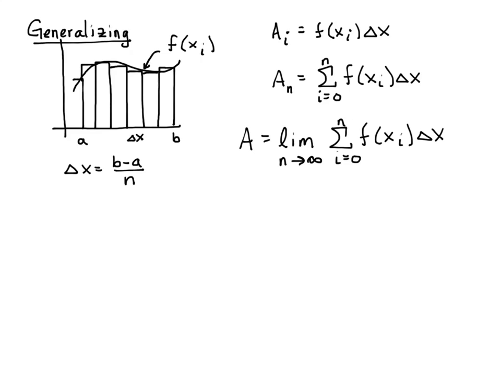From, I need to correct this. This should actually say 1. So I'm going to take all my intervals from 1 to n, and I'm going to add up all these values.